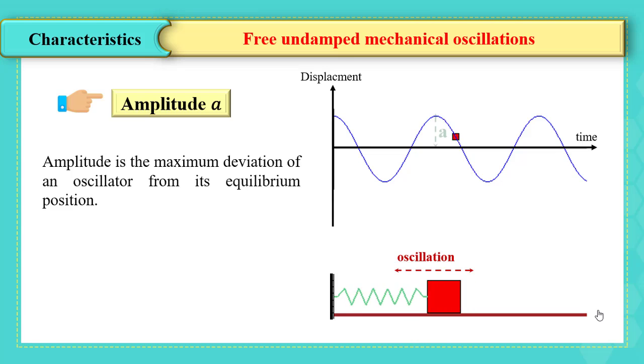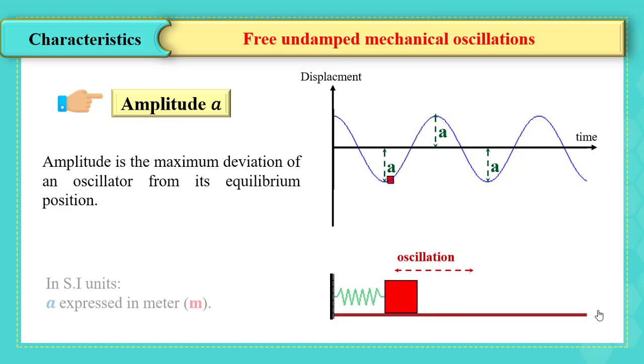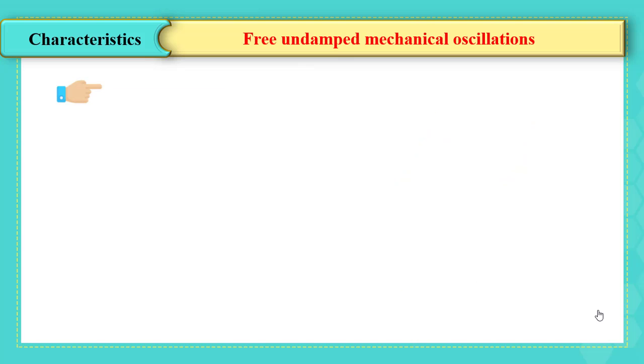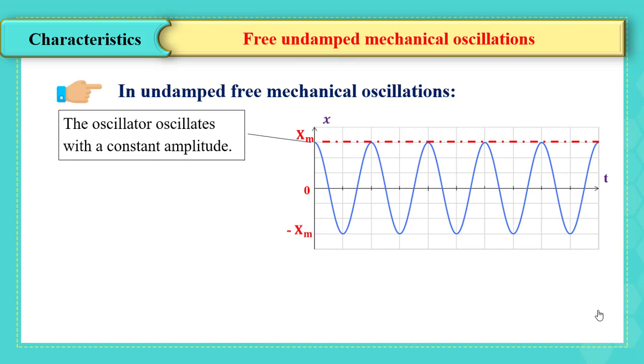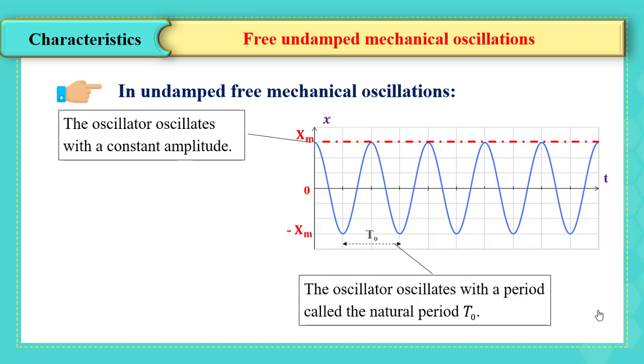But we should distinguish between the amplitude and elongation. The algebraic measure of any deviation from the equilibrium position is called elongation, y or even x. But the maximum deviation from the equilibrium position, always positive in value, is called the amplitude, A, which is expressed in meters. In undamped free mechanical oscillations, the oscillator oscillates with a constant amplitude, and it oscillates with a constant period called natural period T0.